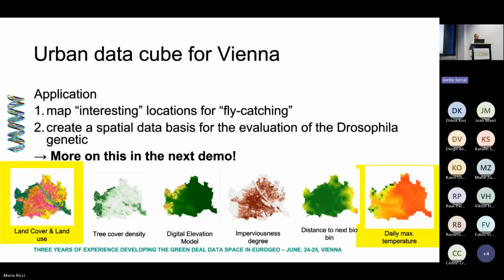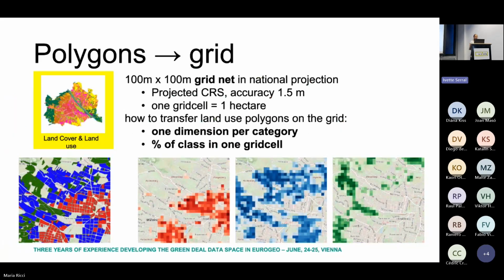So the land cover, land use data set of the city of Vienna, and the temperature. So for the land cover, we took the land cover map of Vienna dataset, and we wanted to transform it into a gridded dataset. The land cover, however, comes in as a vector dataset, so polygons.